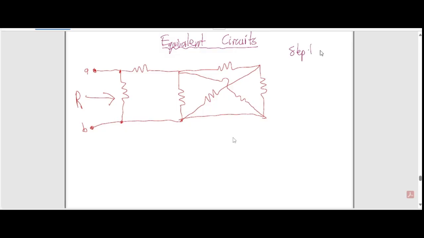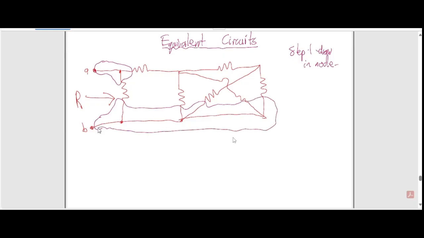So step one, you're drawing your nodes. That should be easy, and everybody should know what a node is. So this is node A, because obviously that gives you the outside. And this is node B. This whole thing here is node B. You shouldn't have any issues drawing nodes, because remember, they're bounded by the components. So once you start to draw, just draw.